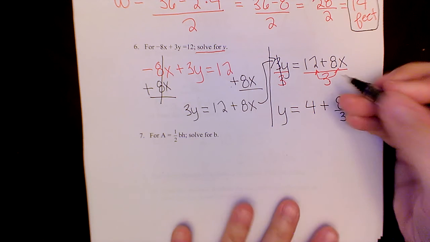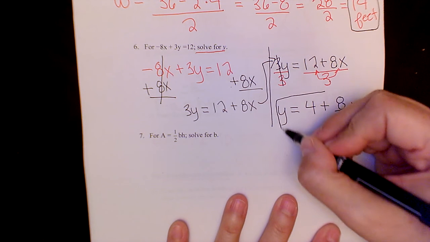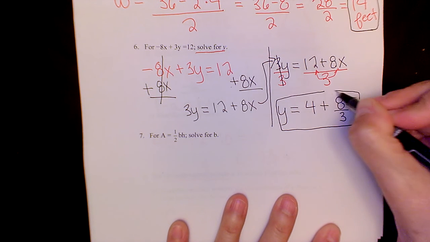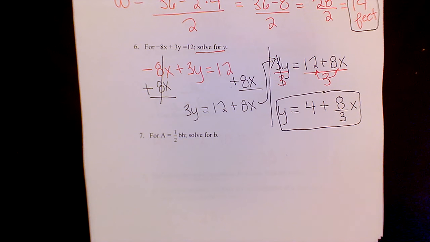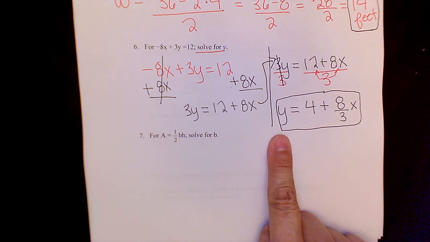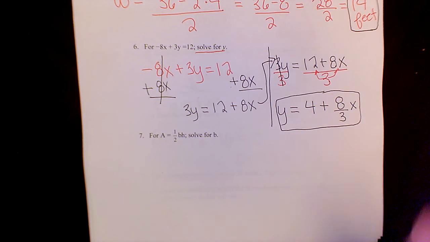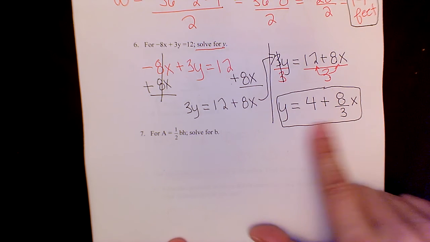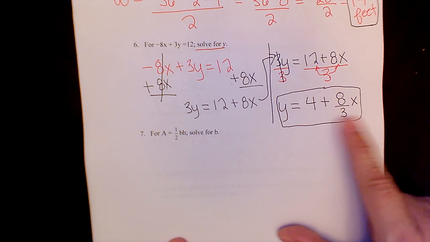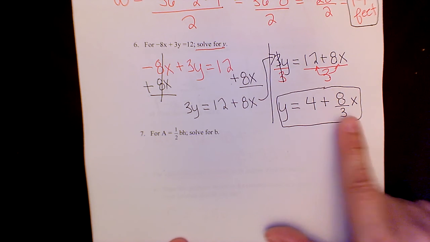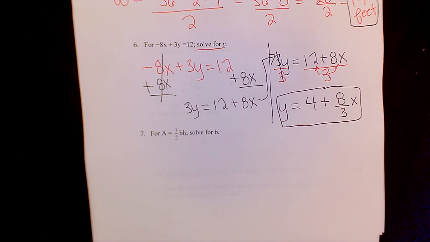So y equals 4 plus 8/3 x. How's that? So y is on one side, everything else is on the other. You could have also written this as y equals 8/3 x plus 4. If you want to write it like that, those are both correct.